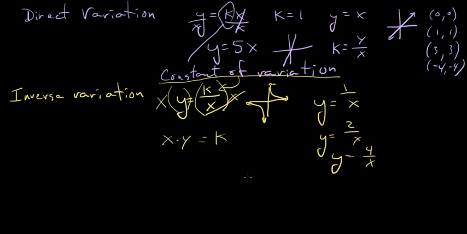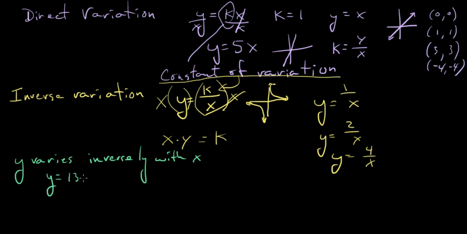Now, where do I go from here? Well, let's suppose I say y varies inversely with x, and y equals 13.5 when x equals 4.5.